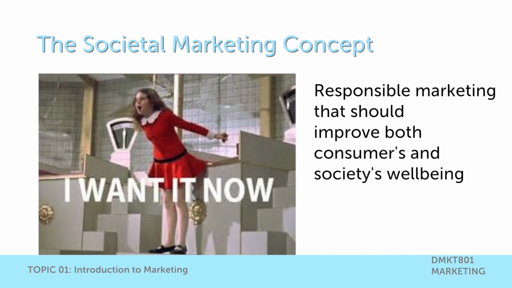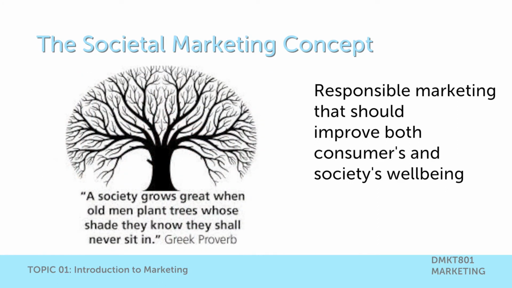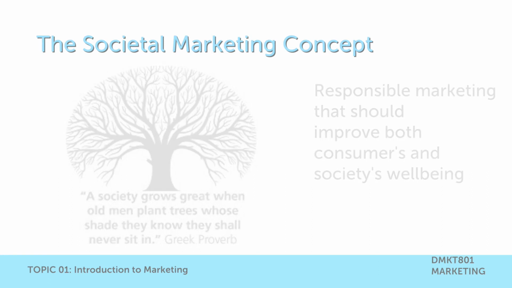The societal marketing concept holds that marketing strategy should deliver value to customers in a way that maintains or improves both the consumers' and society's well-being. It calls for sustainable marketing, socially and environmentally responsible marketing that meets the present needs of consumers and businesses while also preserving or enhancing the ability of future generations to meet their needs.